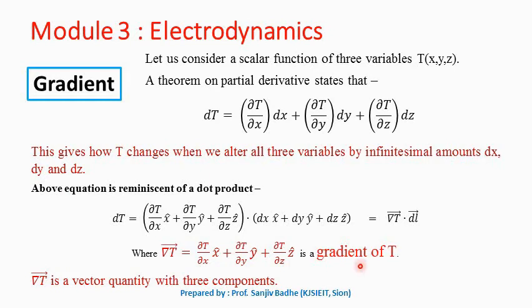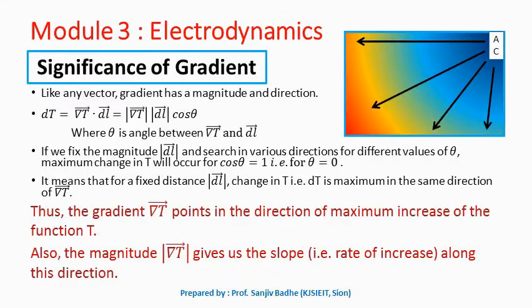So gradient of t is a vector quantity, and we can find gradient only of a scalar function. So gradient of a scalar function is a vector quantity and it is given by del t by del x x cap plus del t by del y y cap plus del t by del z z cap.